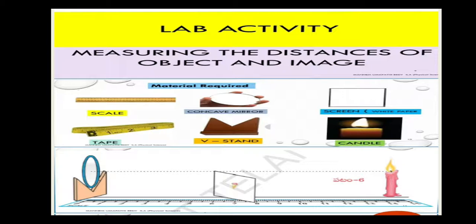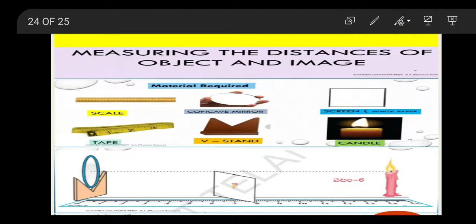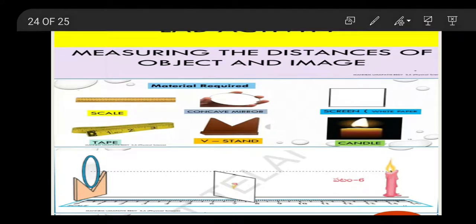Concave mirror, V stand, screen, and candle. Meter scale: we can measure the object distance and image distance with the help of the meter scale. These are the requirements for doing the lab activity.